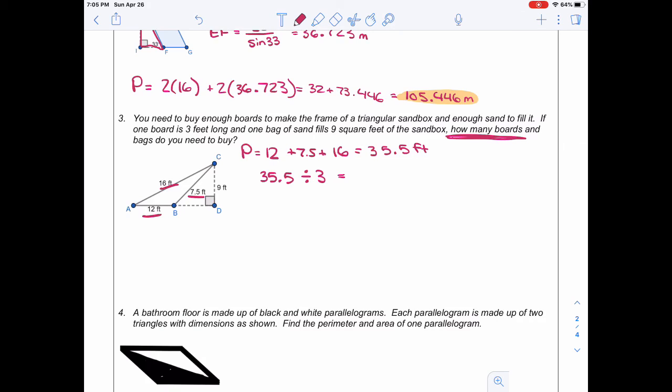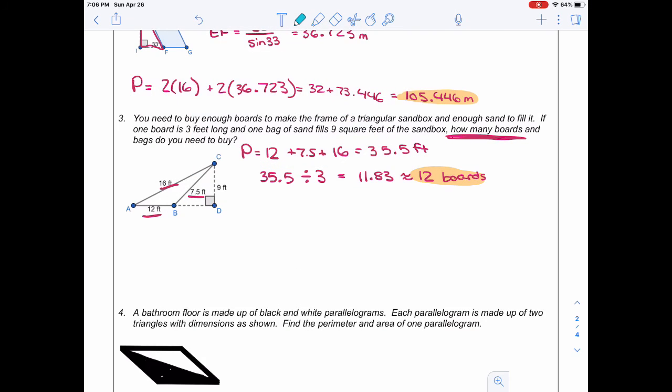So when we do that, we should get 11.83, which again, since we want to buy enough boards, we're going to round that up to 12, because if I were to only buy 11 boards, then I wouldn't have enough. Okay, so assuming that we can only buy whole boards and not a fraction of them, we would say 12 boards.